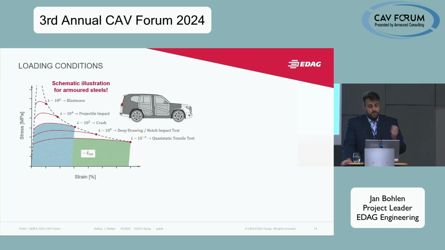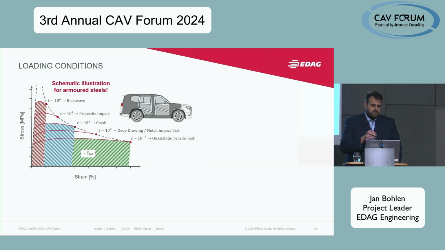If you increase the loading rate to a crash regime, for example, we can see that there is a fairly large area left, but it's of course way smaller than in the quasi-static regime. But if we increase the strain rate to a blast, for example, then the area gets smaller and smaller. So that's exactly what I say.